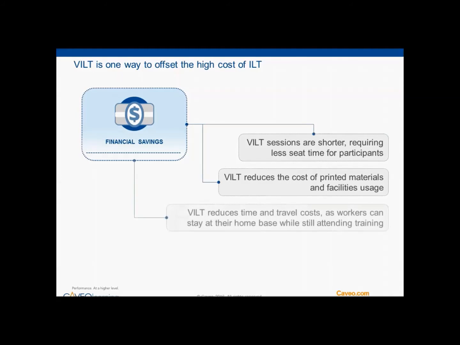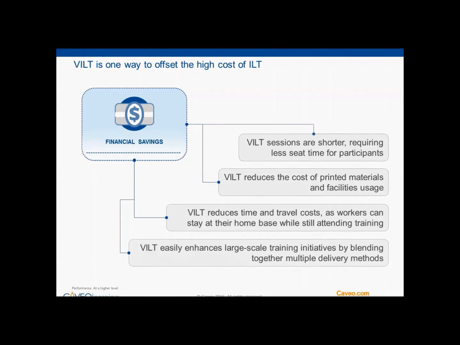So with what we know about VILT so far, as a delivery platform, we can easily understand how virtual sessions can reduce costs. So you can reduce costs in the obvious ways. Seat time. So the time that your participants are not at their desks, you can save that time because you can shorten the travel time and things like that. Printed materials.